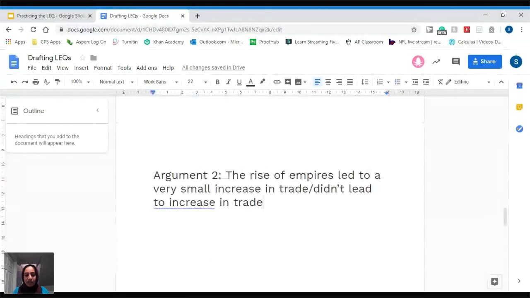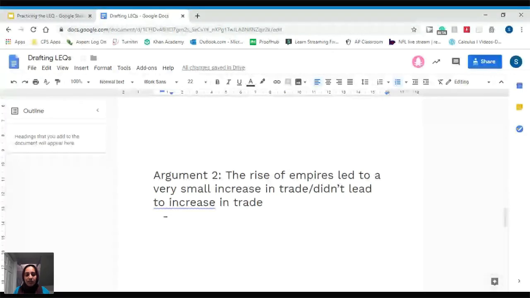So can you guys list any examples maybe where it didn't really increase trade much? Like, do you think that the Qin Empire really had a lot of trade? Because on the AP exam, I used that as my counter argument.